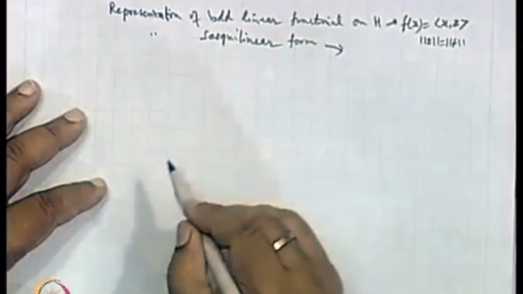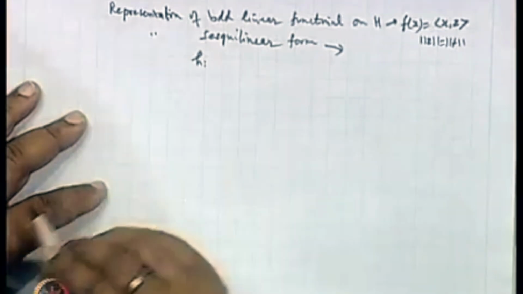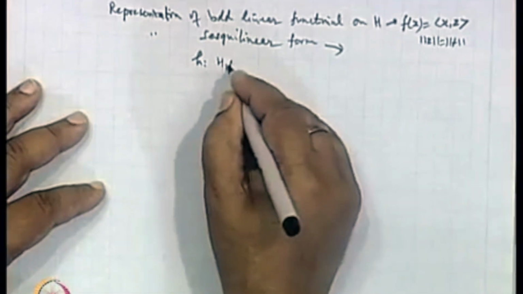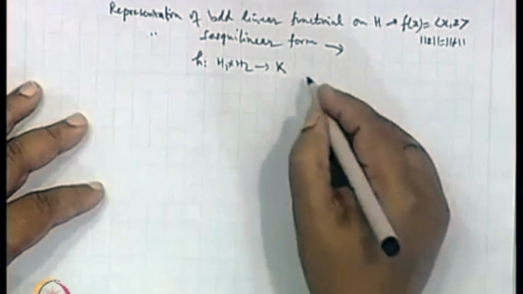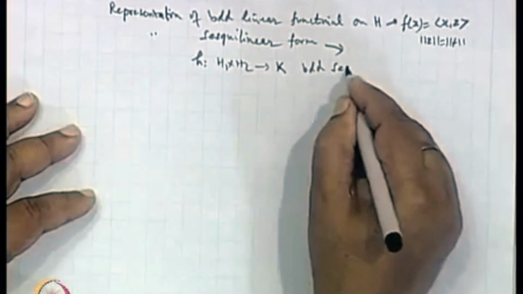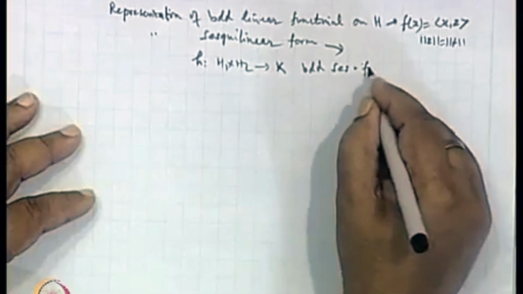Similarly, for a sesquilinear form, we have defined h, where H1 and H2 are two Hilbert spaces, and h is a mapping from the Hilbert space H1 cross H2 to K, a bounded sesquilinear form.